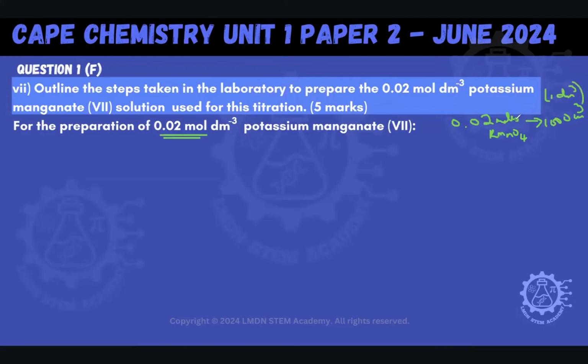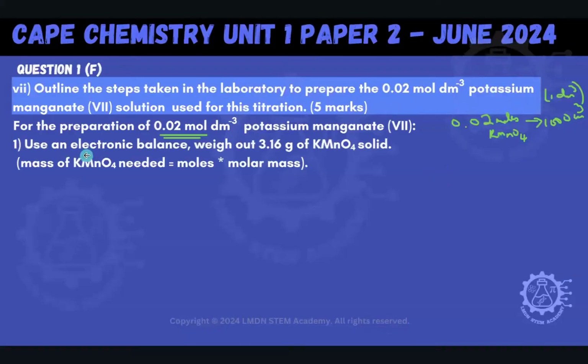So we know that we need to have this many moles of KMnO4 being dissolved in 1,000 cm³ of distilled water, right? And so the first thing that we're going to have to do in order to prepare this is, step 1, I'm going to need to use an electronic balance to weigh out a mass of KMnO4 solid. Now that mass, how are you going to know what mass to weigh out?